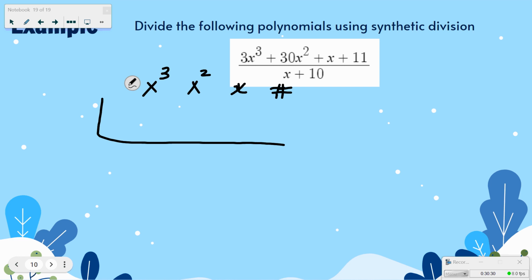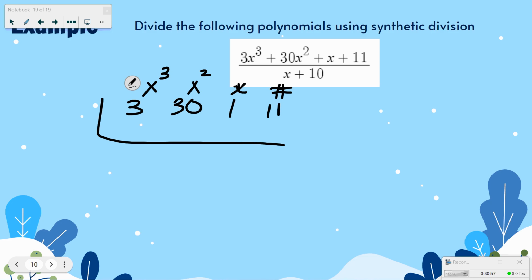When I use synthetic division, I'm only going to use the coefficients. What's my coefficient for x cubed? 3. For x squared? 30. For x? And for that number at the end, it's 11. If you can set up synthetic division, this is half the battle.